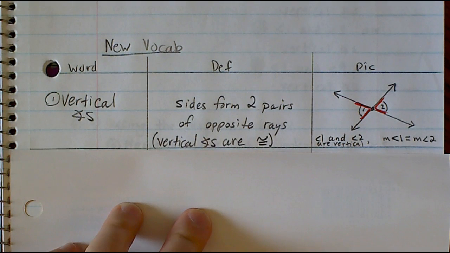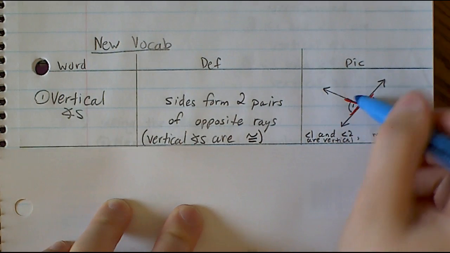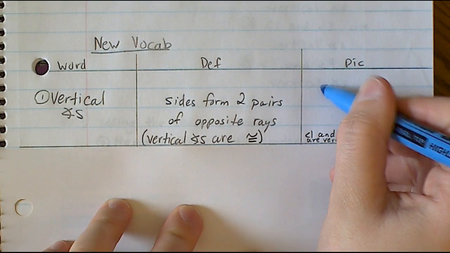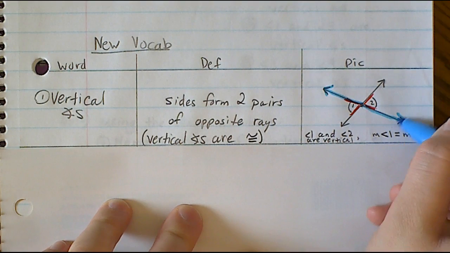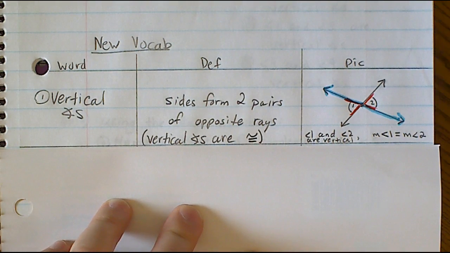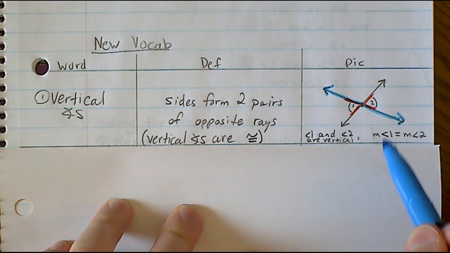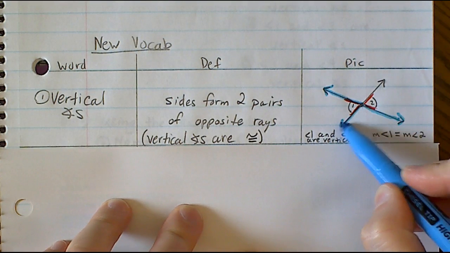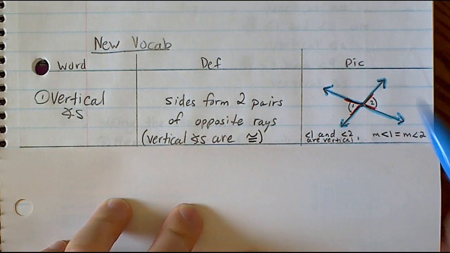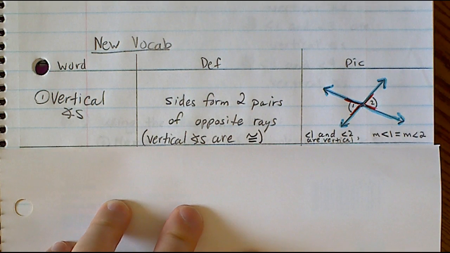Another way that you could think about this type of angle pair relationship is their sides forming opposite rays. Well, we know two pairs of opposite rays are basically going to just form a straight line. So those angles would be congruent, or you can say that their measures are equal.